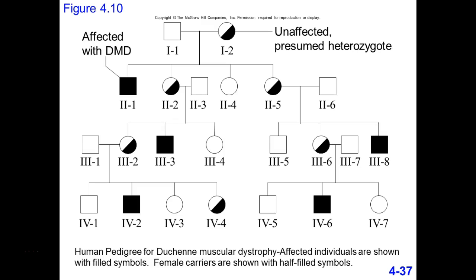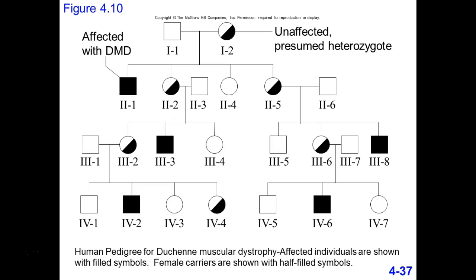But the important thing is they can't be linked, right? They have to be independent events. The fact that one boy has it and the next boy doesn't isn't linked. Each time you have a child, there's that distinct probability that they would have it. So what is the probability for this example we've been talking about, that a boy would have the disease, and his mom's a carrier, his dad doesn't have it? 50-50.